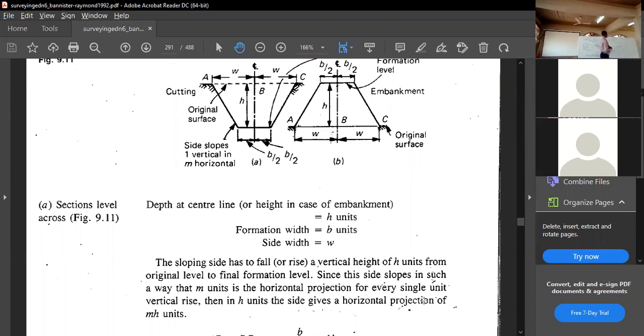But because it's symmetrical, we are fine. And then B, same slope. This doesn't always exist, but this is where it starts from.